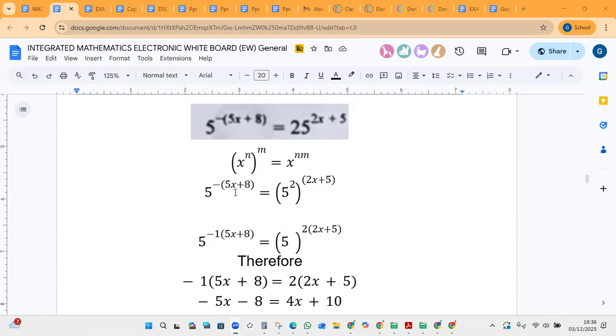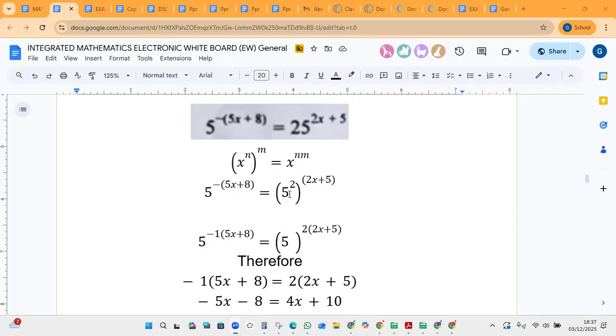So you keep the left side as is, 5 raised to the negative, open bracket 5x plus 8. But then that 25 there, you can write it another way. 25 can be written as 5 squared. 5 squared is 25. Okay? It's the same.